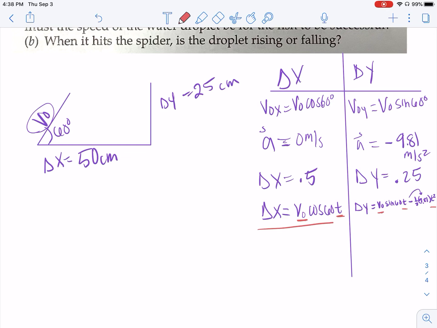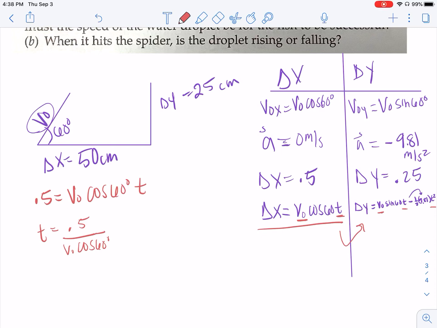So this one is the simpler one, so I'm going to solve for T there. I'm going to say 0.5 is equal to V naught cosine of 60 times t. I'm going to isolate t so that I can plug it into my delta y. So that tells me that t is equal to 0.5 over v naught cosine of 60.